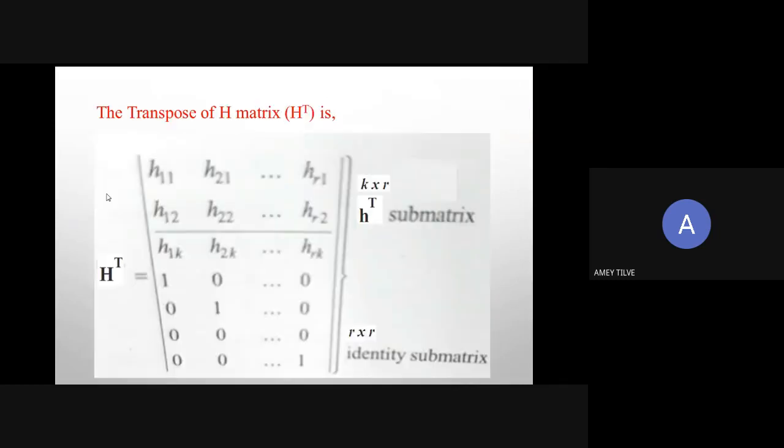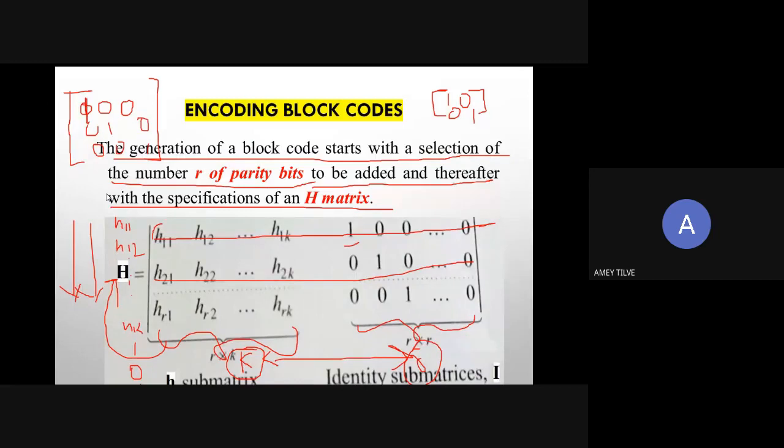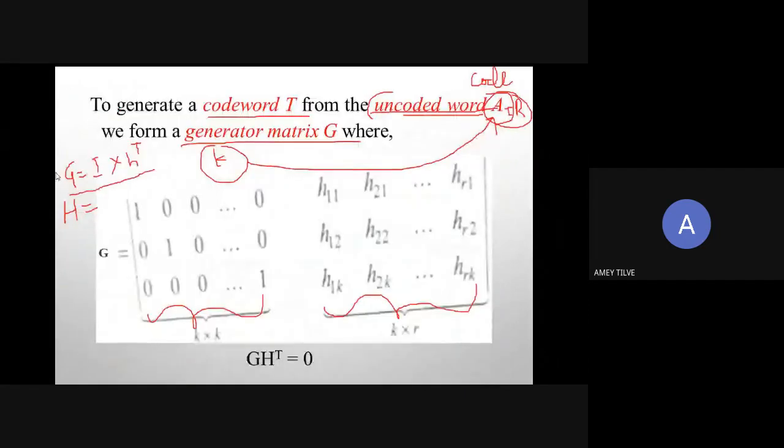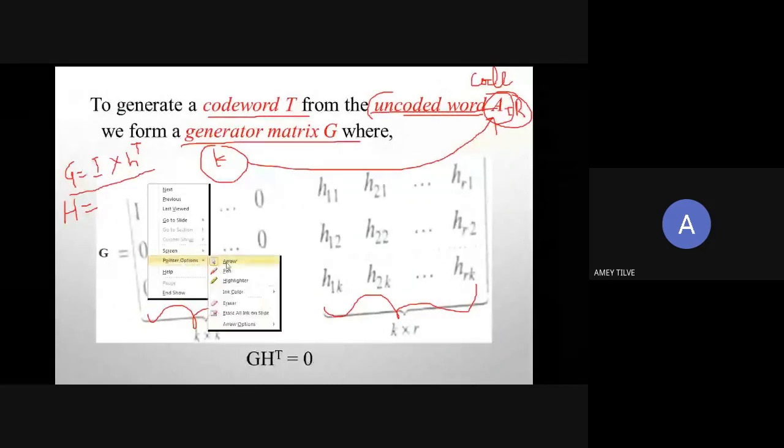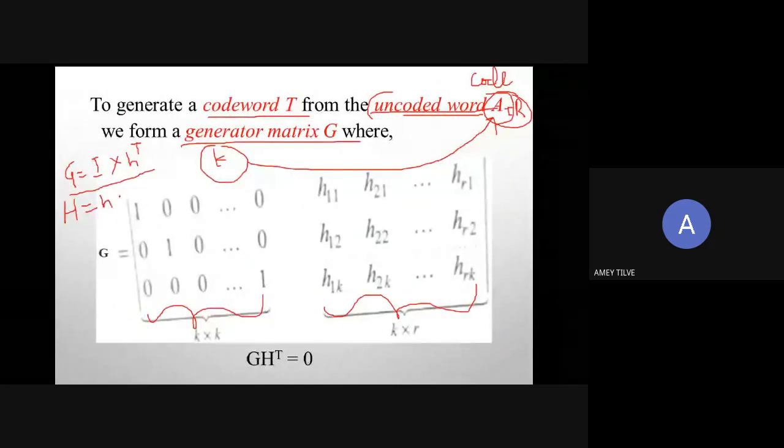If you see your previous example, your H is nothing but your K, what is given to you, multiplied by your identity matrix. So we can always write it in that form. Write these formulas, whatever I'm writing over here: your H is nothing but your smaller H, that is nothing but your information.